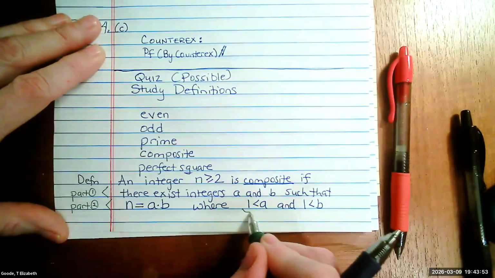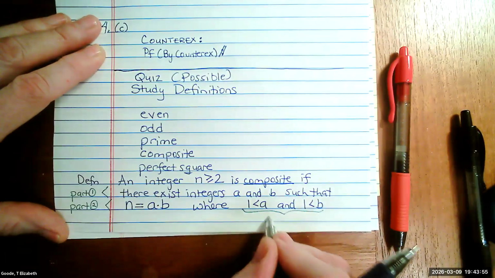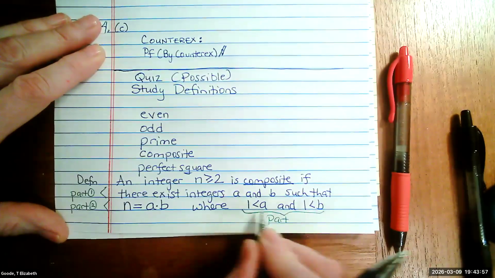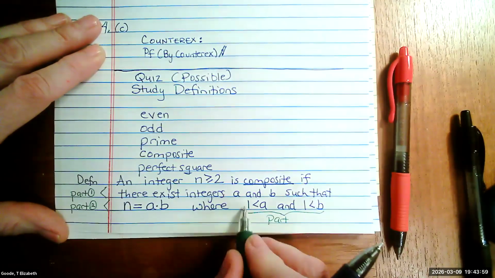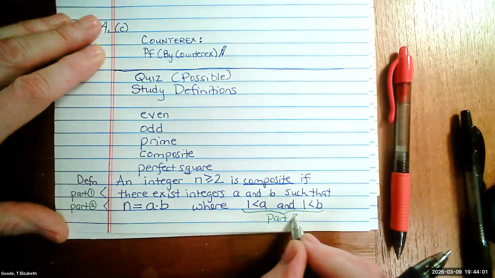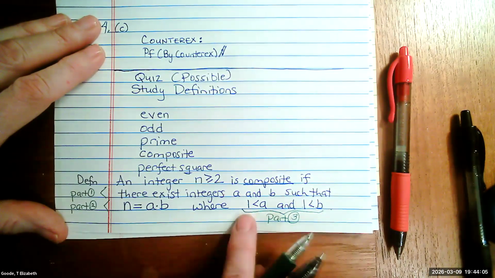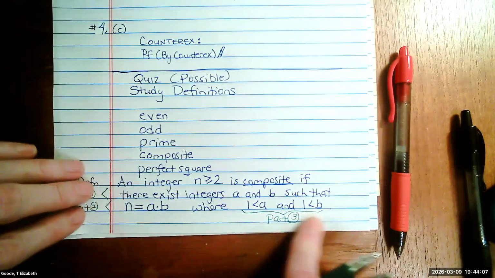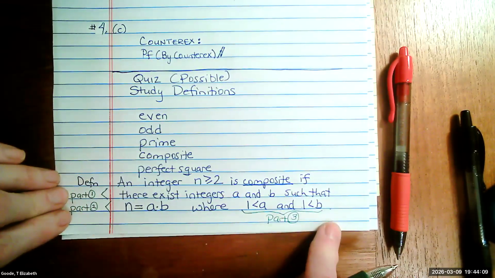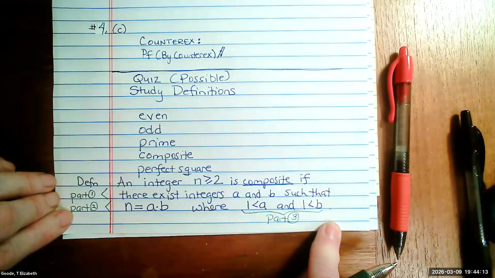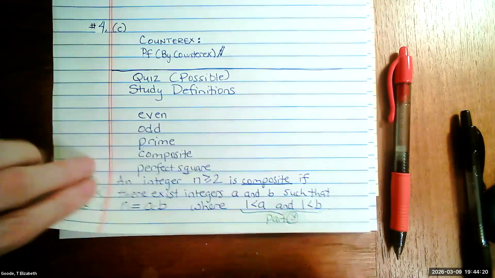So when you pick 4 and 8, 1 is less than 4 and 1 is less than 8. And we call those non-trivial factors, because when you factor 32 as 1 times 32, that's called the trivial, or sort of unimportant, factorization of 32.